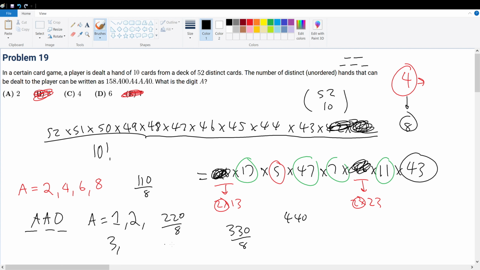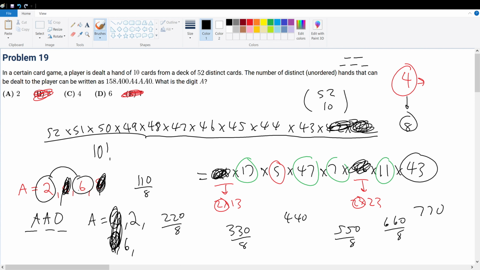That obviously works, so it cannot be 4. 550 won't work, and 660 divided by 8 would not work, so 6 would work. But A can only be among our possible numbers, so not 1 and 3. So we only have 2 and 6, and we can eliminate 4 and 8, because AA0, if it's 8 or 4, would be divisible by 8. So it will only be 2 or 6.